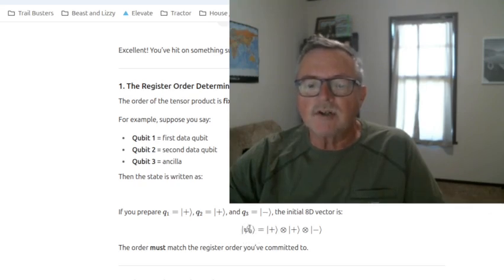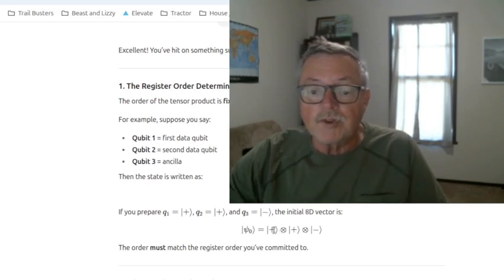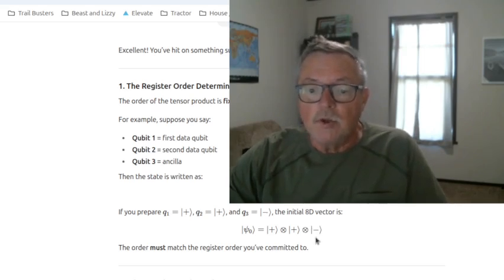The input column vector is made of these little X's inside the circles, which are what's called a tensor product, and this plus is the output of sending the 0 qubit through a Hadamard gate, and this is the output that you get from a Hadamard gate when you use a 1 qubit. So we're ready to do some linear algebra.